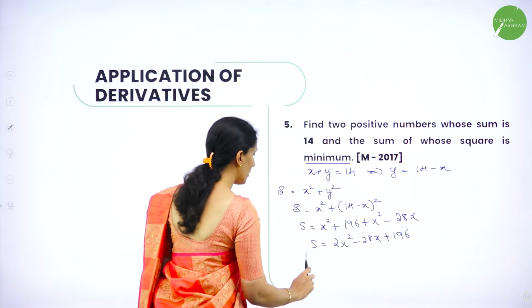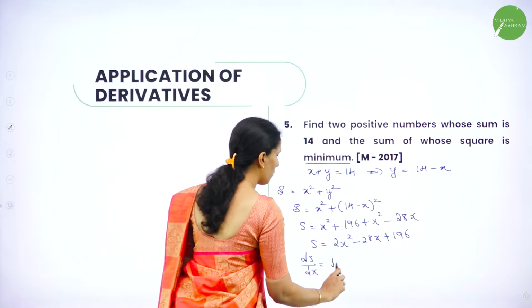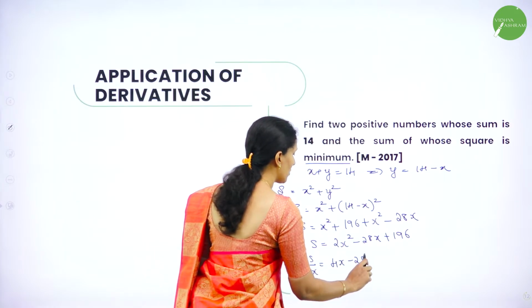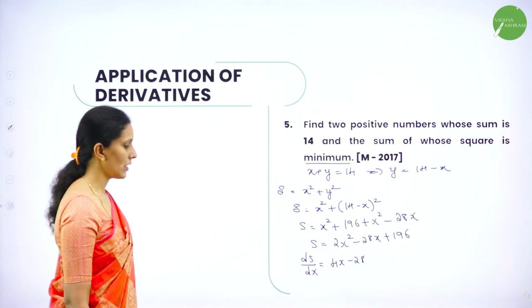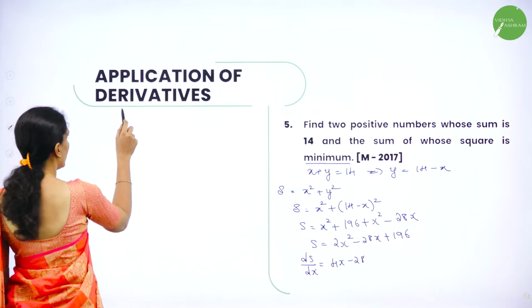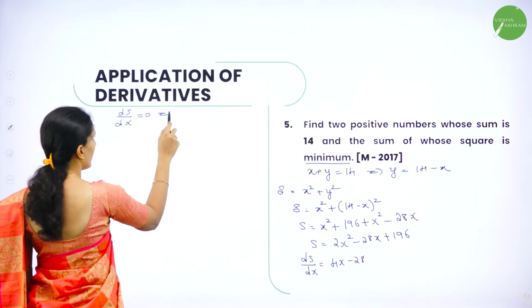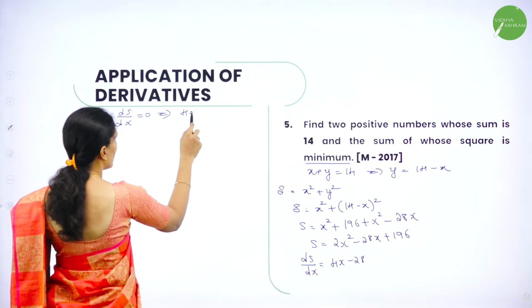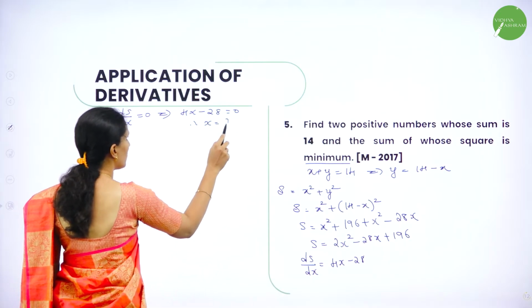Now differentiate it, dS by dx. So we will get 4x minus 28. Now put dS by dx equal to 0. So dS by dx equal to 0 implies 4x minus 28 equals 0. Therefore I'll get x equal to 7.